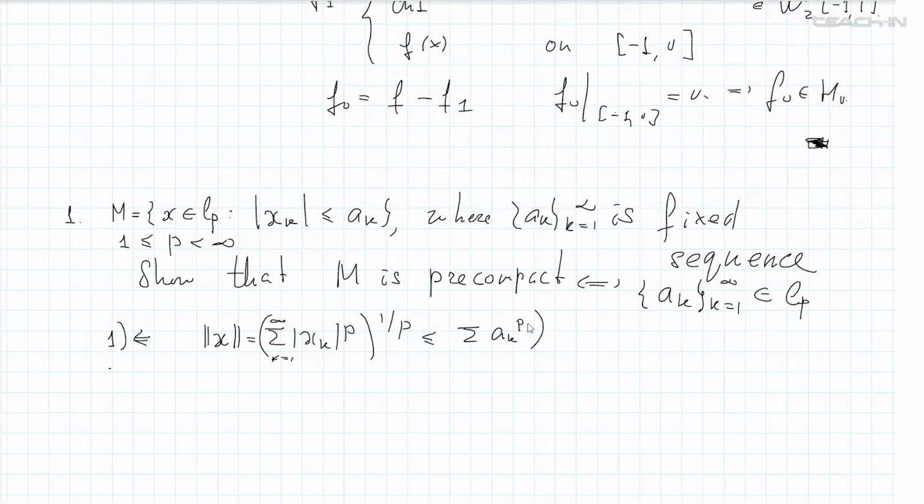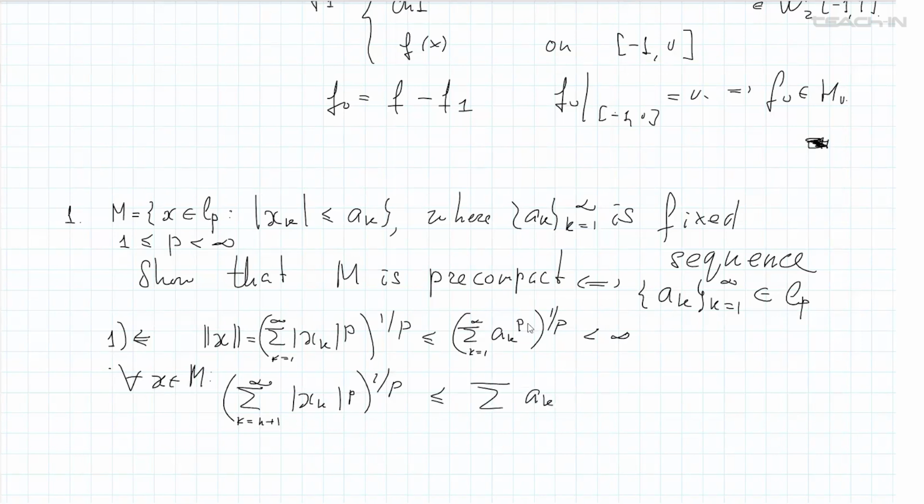It is a majorant, so these are positive numbers, not negative, by the definition of set M. As it is in l_p, the series converges. And if we want to write the tail, again by the existence of majorants, you can change arbitrary x, so for any x from M, the sum of a_k^p to the power 1 over p, from k equals n plus 1 to infinity, is less than epsilon.